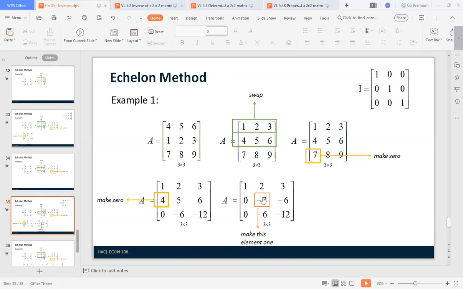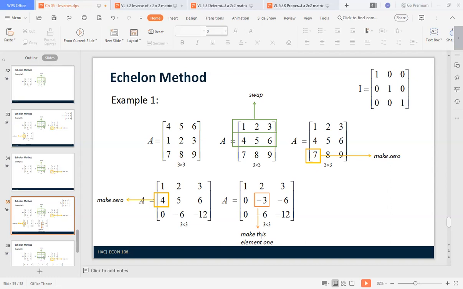So how will we make this element 1? We can multiply a scalar -1/3 times -6.